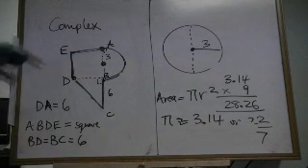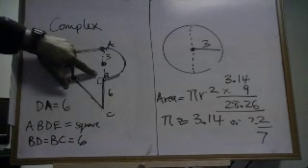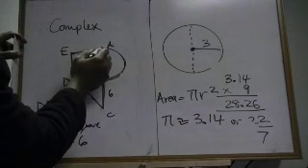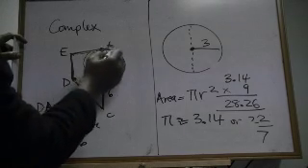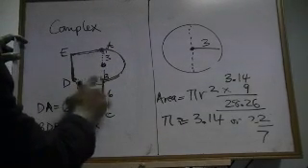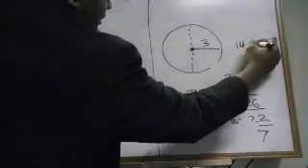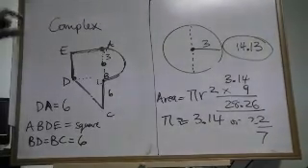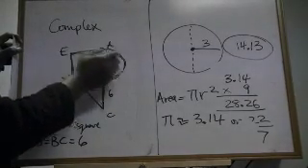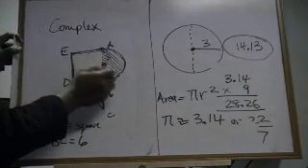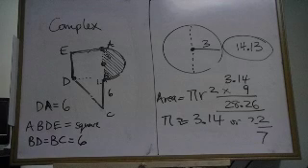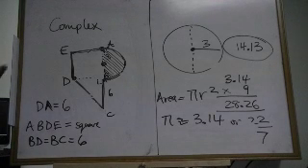Always catch yourself and remember that this is a semicircle. So obviously, we're not trying to find the area of a circle, we're trying to find the area of half a circle. So we're going to divide that by 2 and end up with 14.13 as the area of the shaded region right here.